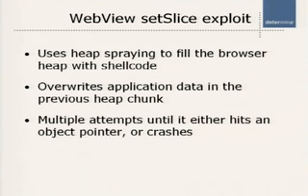The set slice exploit was a buffer overflow where the buffer was underflown, so the data before your buffer was overwritten. What the Metasploit exploit did was fill a large chunk of the heap with shellcode. This is called heap spraying.